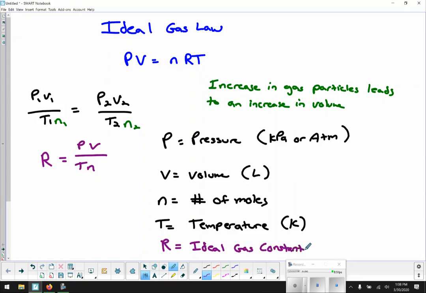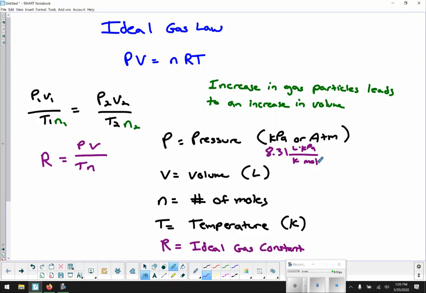So R is different depending on the different units you use. And the only different unit we're going to use is the pressure unit. So R, when you're talking about kilopascals, is 8.31 liter kilopascals per kelvin mole. Yeah, it's a pain. There's nothing you can do about it.